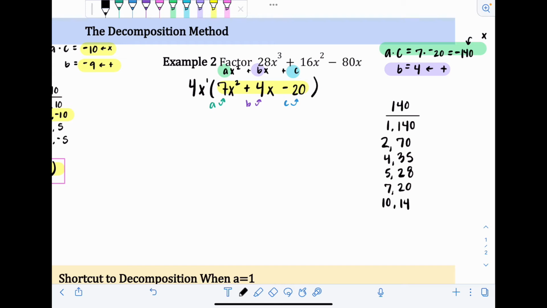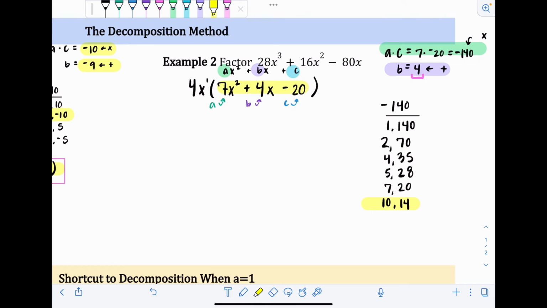So if we know that we have to multiply to negative 140, we know one of our numbers has to be negative. So if one of our factors has to be negative, we need to look for the pair that has the difference of b. So if I were to subtract them, I would get 4. So that pair is 10 and 14. It's the only pair that if I subtract them, I would get 4.